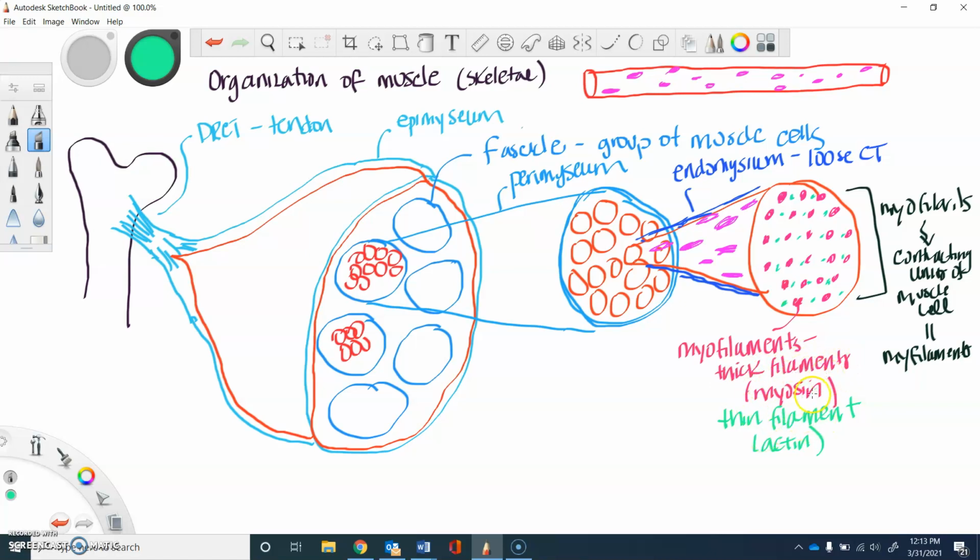Thick filaments are made up of myosin, and thin filaments are made up of actin. So that's how the muscle cell is put together, and now we can talk about the specific anatomy and parts of the muscle cell that have to do with muscle contraction.